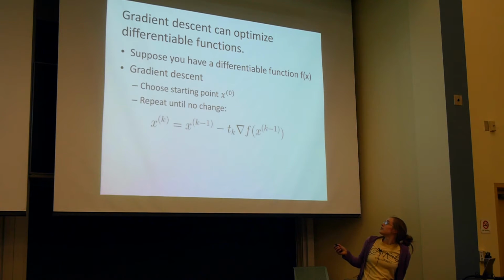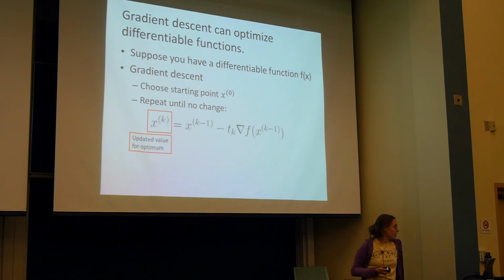So if you start with x0, and then at each time step k, you're going to get a new estimate for your optimum point, which is based on starting at your previous point, and then calculating the gradient of your function f, this is why it needs to be differentiable, at the current point, and then moving some length in the direction of the gradient from your current location, and then updating that as your new location.